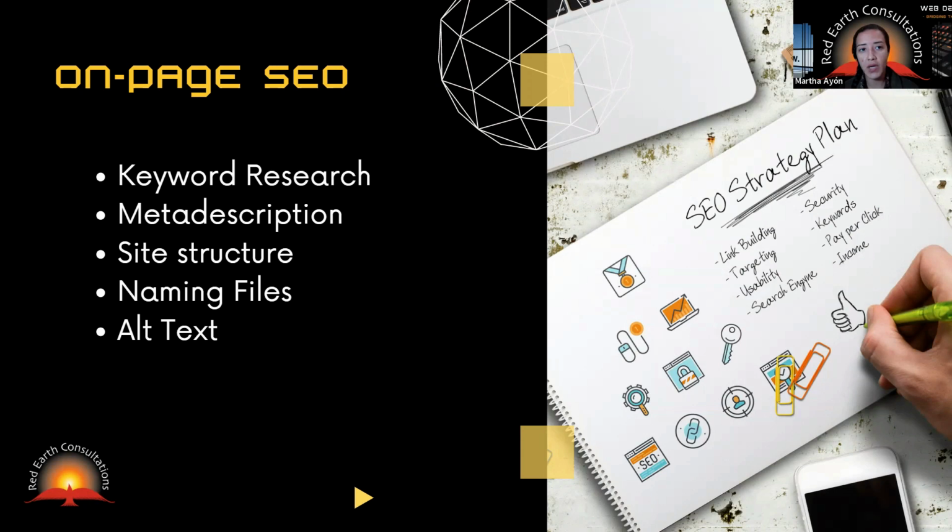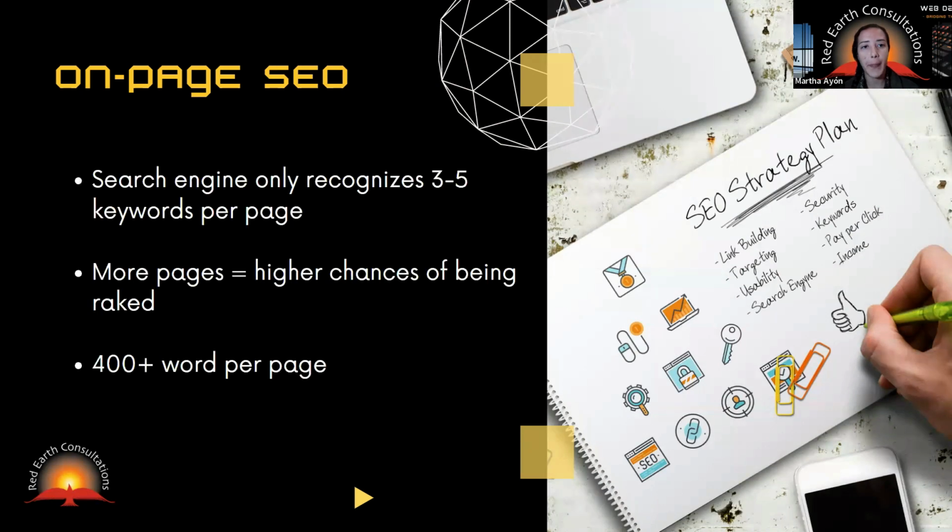Considering that you have what is called a crawl budget, you want more pages on your website, because more pages means higher chances of being ranked at the top. Keep in mind that search engines only recognize 3 to 5 keywords.